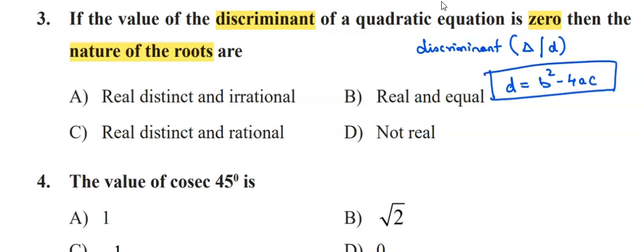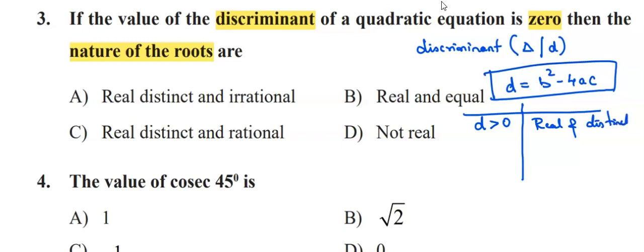This is the discriminant. Okay, now in case the discriminant is greater than 0, then the nature of the roots are real and distinct. Real and distinct. If the discriminant is less than 0, then roots are imaginary.